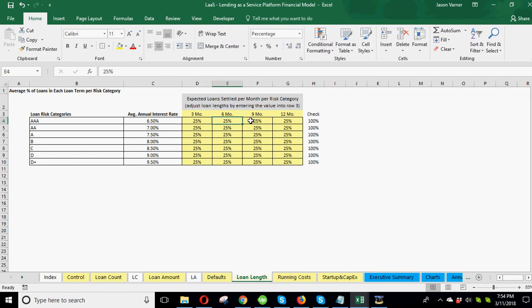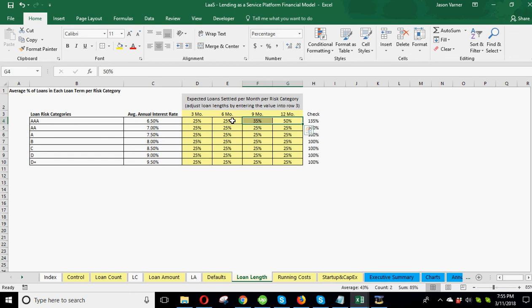And then you could just put the percentage of each loan from the risk grade that you think will be in each term. So this is saying we think, for all of the AAA loans that settle, they're going to be evenly split between 3, 6, 9, and 12 months. Now, realistically, it's probably going to be like 50, 35, and then whatever.